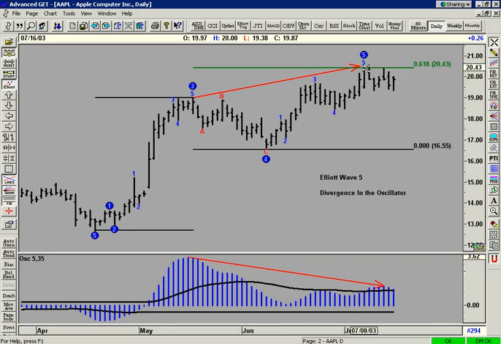So you'll see here that Wave 5 came up and poked a little bit beyond that 62% extension, which is about where we expect the Wave 5 to terminate. So we have a good Elliott Wave 5 near a price projection, and we have divergence in our Elliott oscillator. And all we're looking for now is a time to trigger ourselves into this market.